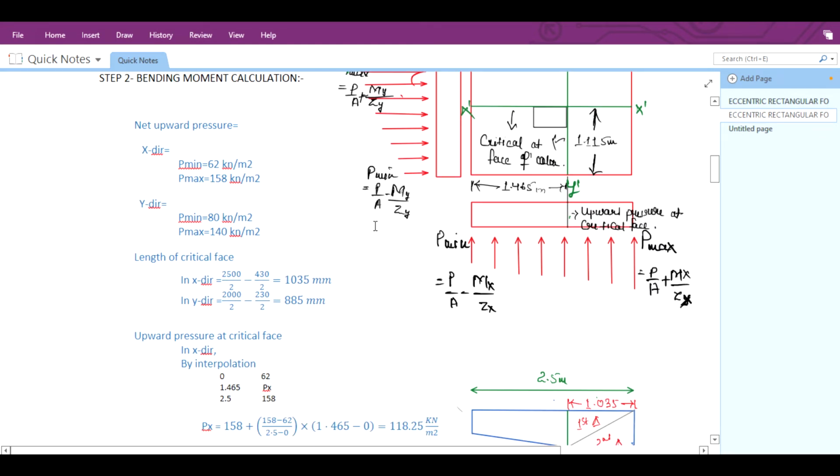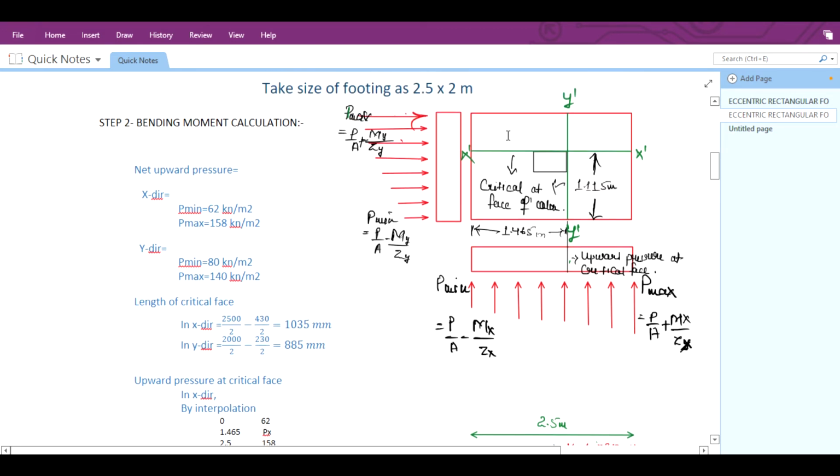Similarly for the y direction, it is 2000 by 2 minus 230, that is the column size, by 2, so it will come as 885. This is 885 and this will be 1035.